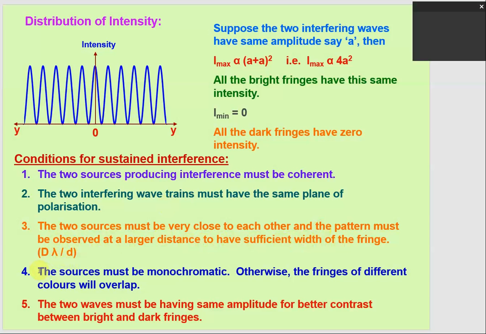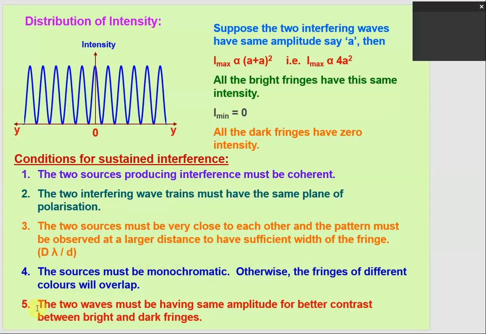Next, the sources must be monochromatic, meaning the two sources must be emitting light of a single color, right? There must be only one wavelength of light emitted by a source, otherwise the fringes of different colors will overlap.